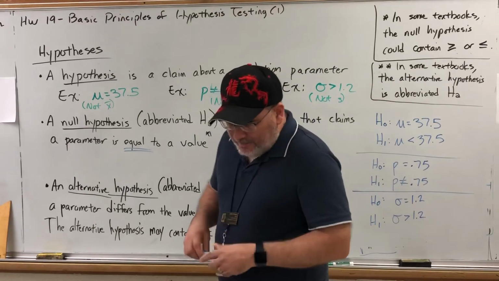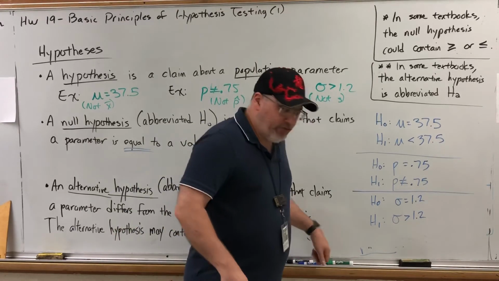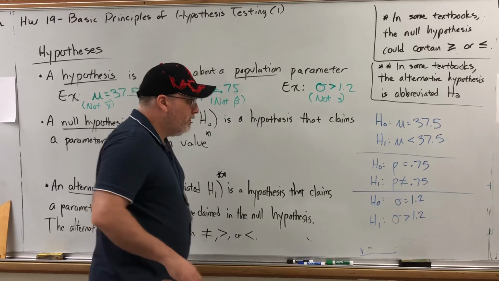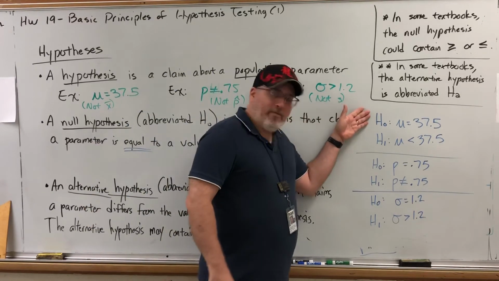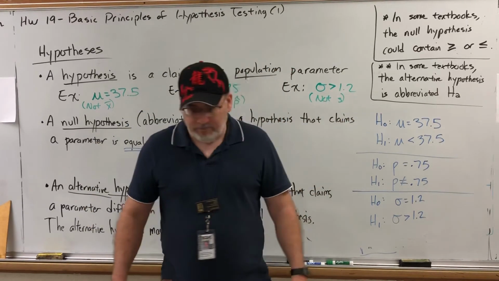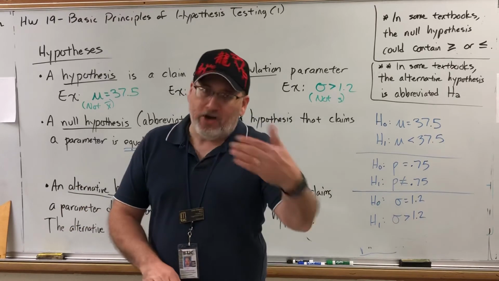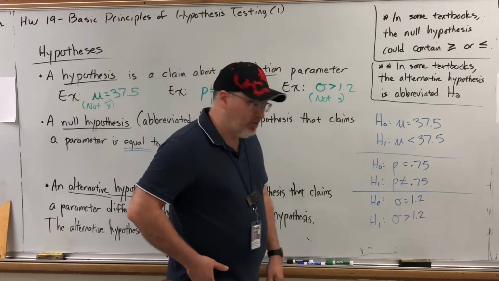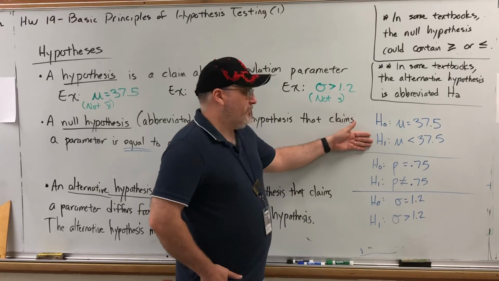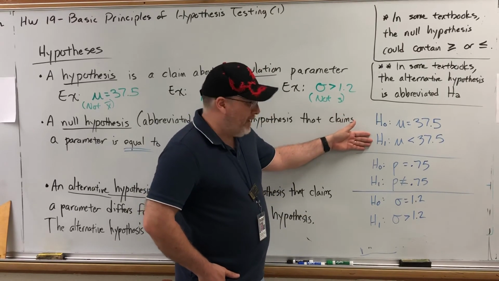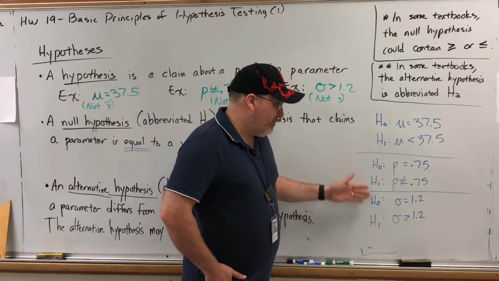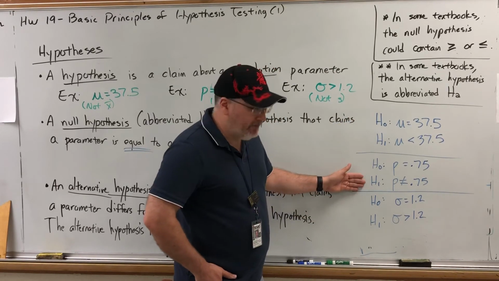The idea behind hypothesis testing, and we're going to go into much greater detail in subsequent videos, is fairly straightforward. Somebody is going to make a claim about a population. A sample will be taken that will contradict that claim. Based on the sample's result, the alternative hypothesis will claim something different about the population. Either less than what you claim, greater than what you claim, or just flat out not equal to what you claim.